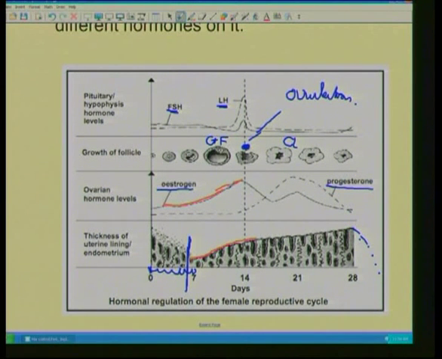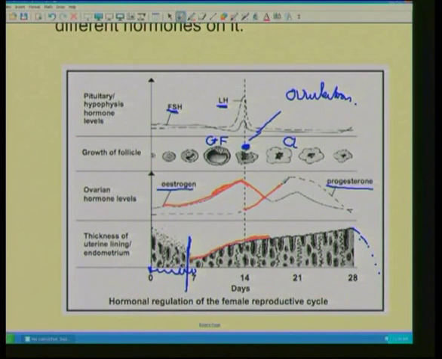Then our estrogen level peaks at ovulation, and our endometrium is now nice and thick. But as the estrogen level starts to decrease, the progesterone level starts to increase.